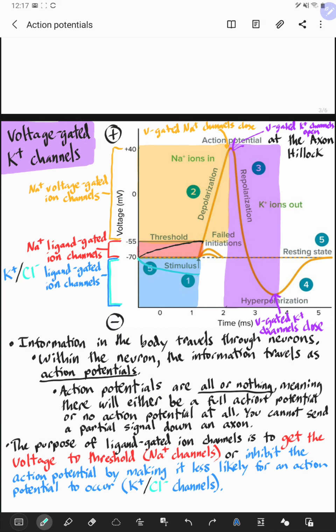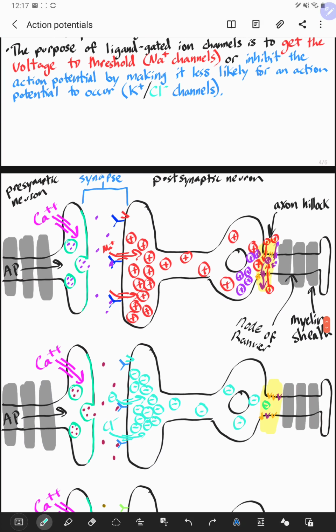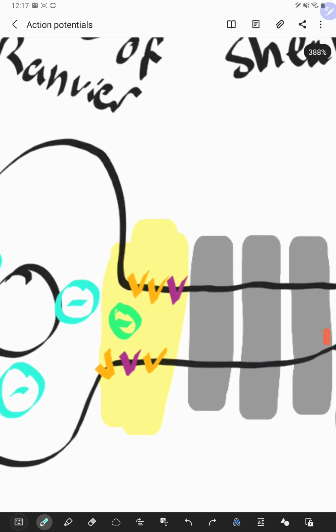And therefore, one of the things that happens at threshold is the voltage-gated sodium channels would have opened if we got to threshold. But since we didn't get to threshold, the voltage-gated sodium channels remain closed. So let's zoom in.